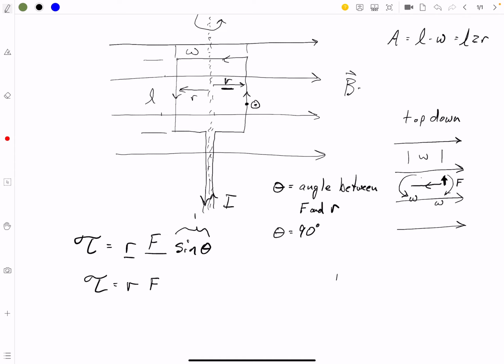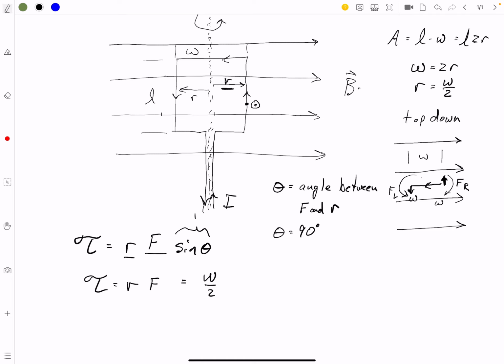And we also noted up here that our width is equal to 2R, or R is equal to our width divided by 2. So we have one force on the right side going that way. We have another force on the left side going down.